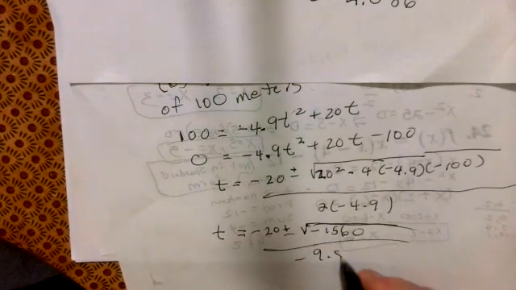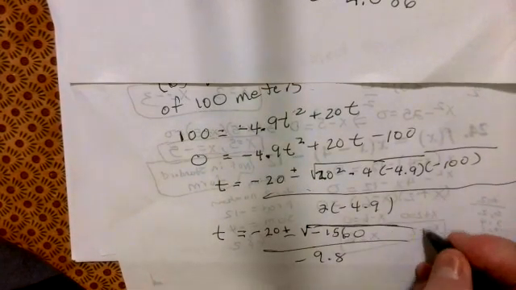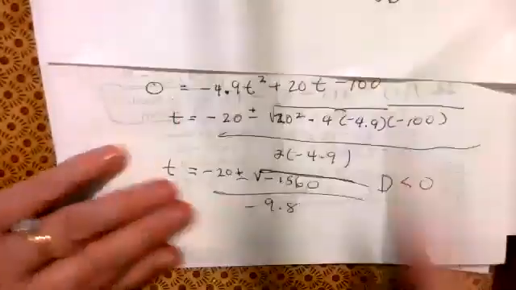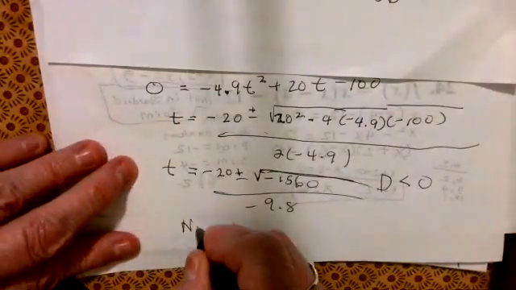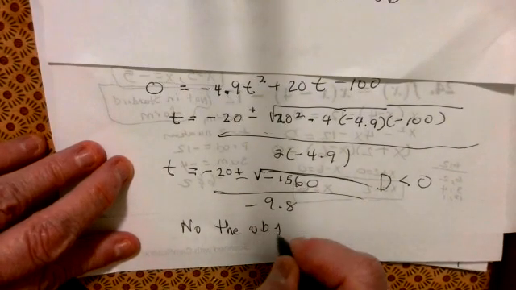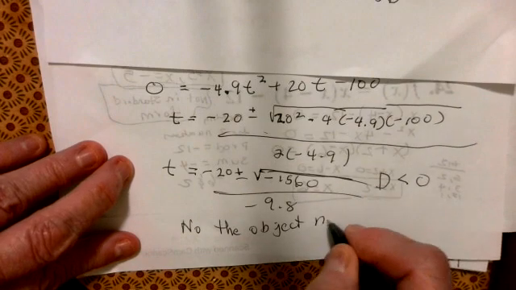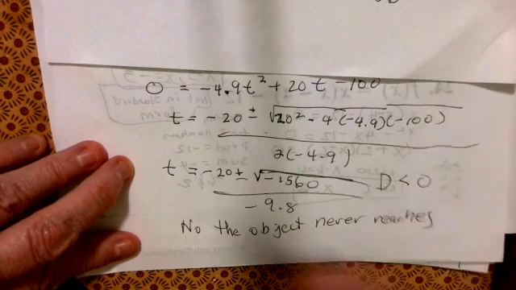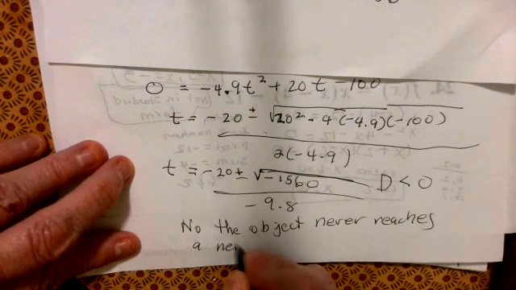It's 9.8. That means the discriminant is negative. So the answer is no. This is not a real number. No, the object never reaches the height of 100 meters.